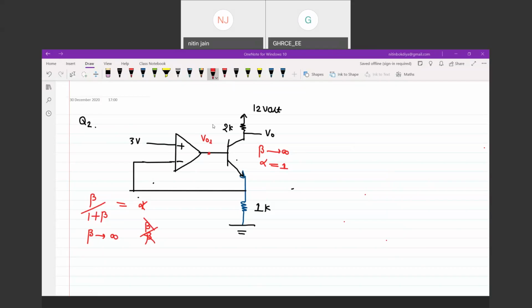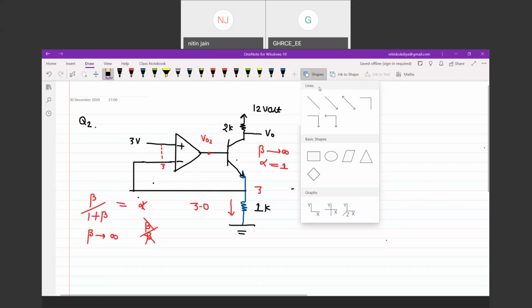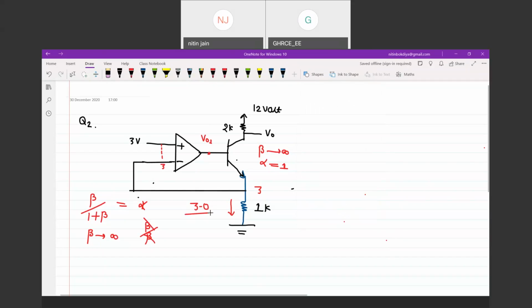Again, you can apply the concept of virtual ground. So this potential is 3 volt. So the current in the circuit is 3 minus 0 divided by 1K.